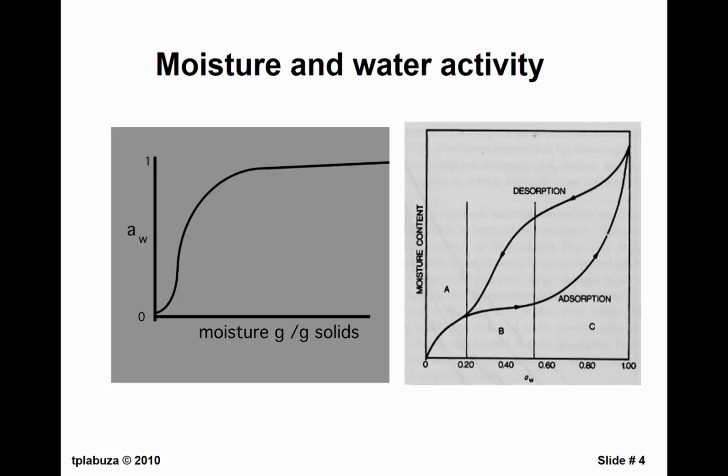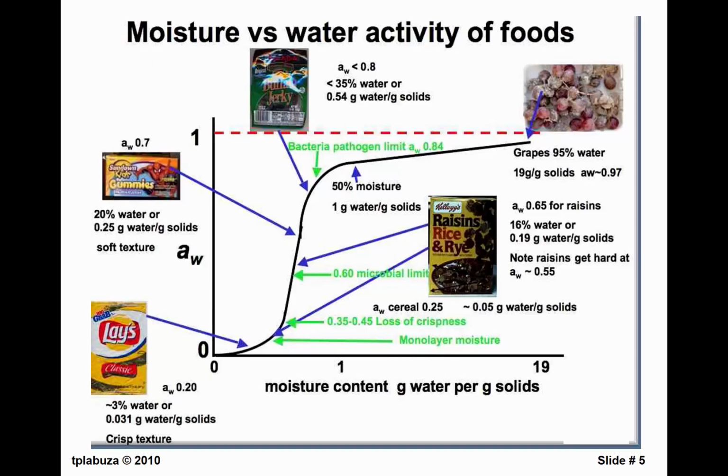But the reason it's different is that there are changes in the material itself that change the ability for picking up moisture. And so it's not really violating any thermodynamics. But that's important to know, because if you're drying something, you want to really know the desorption curve, versus if you're putting potato chips in a package, you're going to be on the adsorption curve.